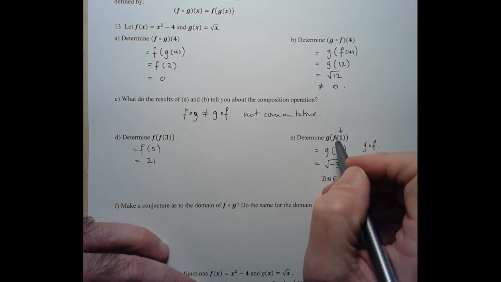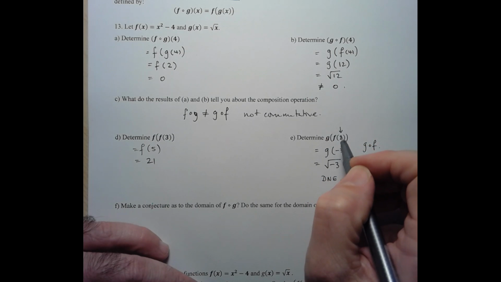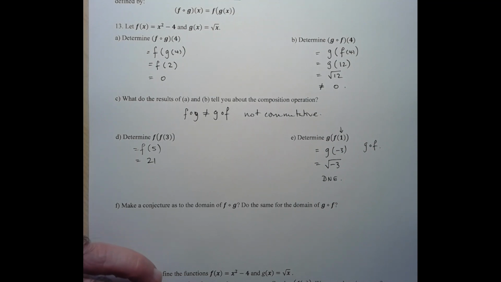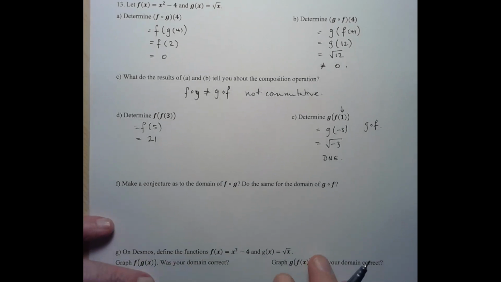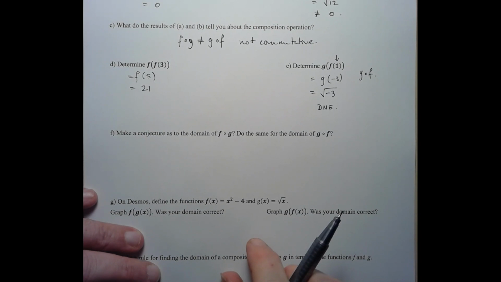But it seems as though the second condition is not for 1 to be in the domain of G, but for F at 1 to be in the domain of G. And this is going to give us what we presume is going to be our rule for the domain of a composition of functions.